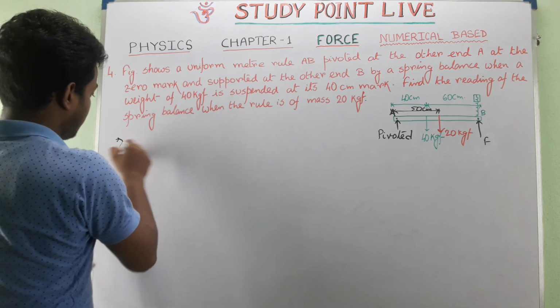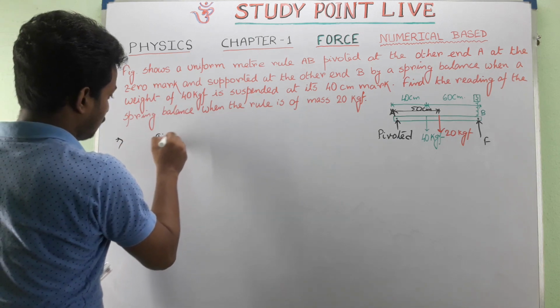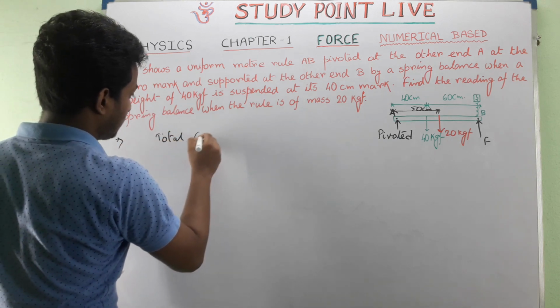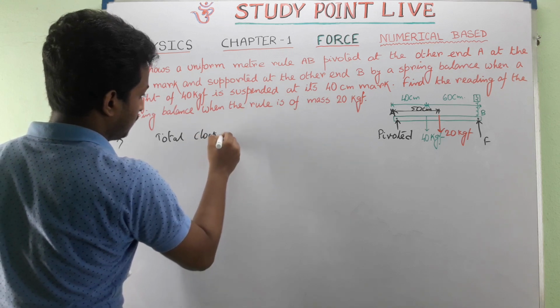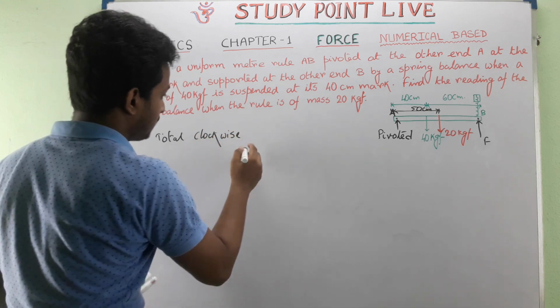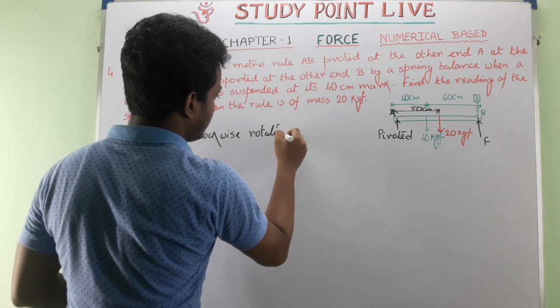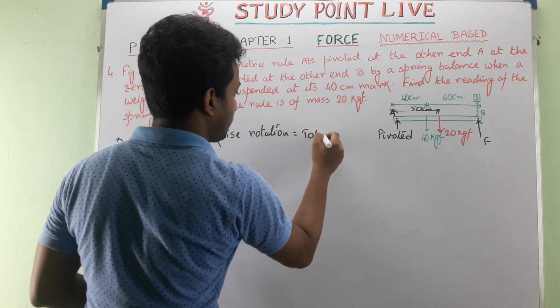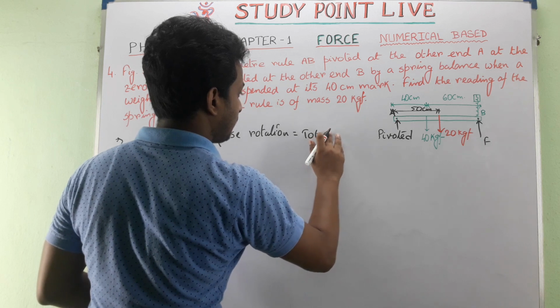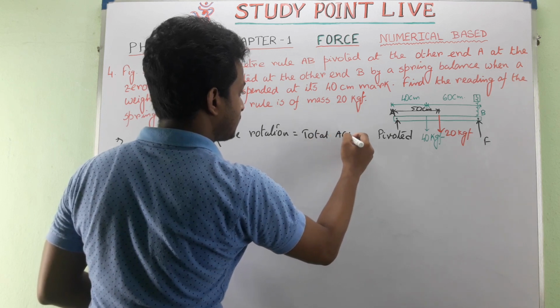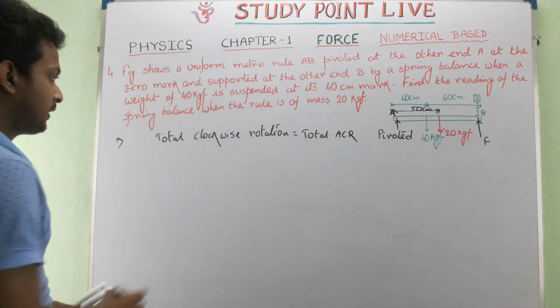Let us write: total clockwise rotation is equal to total anti-clockwise rotation.